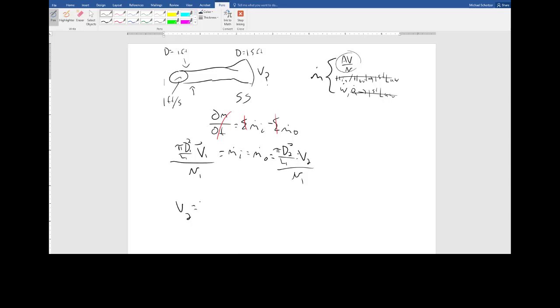So v2 is equal to v1 times the specific volume at 2 over the specific volume at 1 times pi over 4 d1 squared over pi over 4 d2 squared. All right, that goes away.